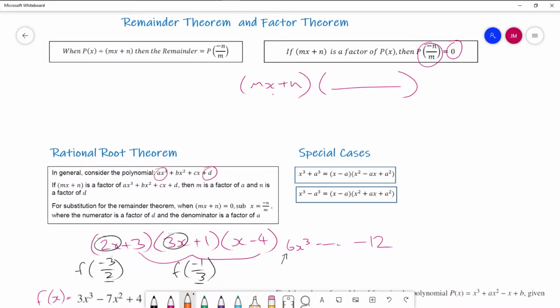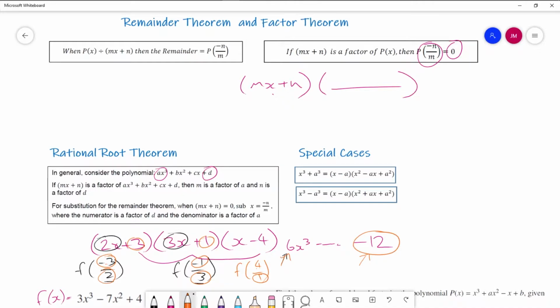And likewise, the numerators all come from these constant terms, which are factors of that final term. And I could write this last one here, rather than saying f of 4, as 4 over 1. And we see that negative 3, negative 1, and positive 4 are all factors of negative 12, and 2, 3, and 1 are all factors of positive 6.